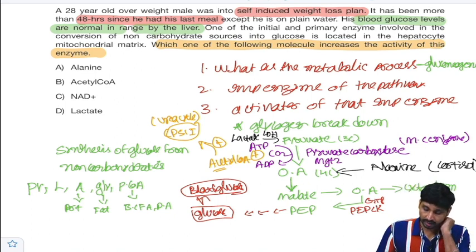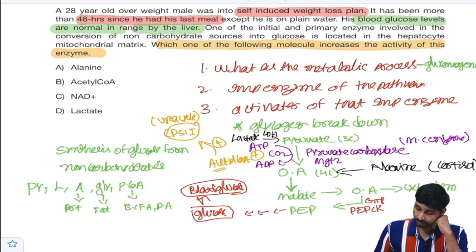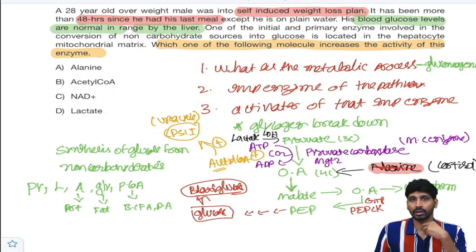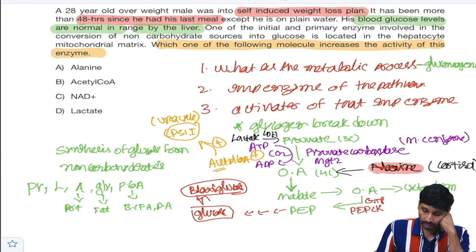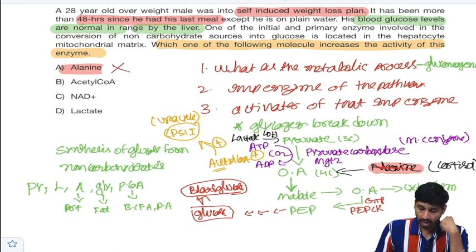Now let us see the options. What are the options here? One is alanine, because we have already learned that alanine is a substrate, not an activator. From alanine, pyruvate will be formed; alanine is a substrate of gluconeogenesis. Then how can it be an activator? No, it is a ruled out option. Next is acetyl-CoA.